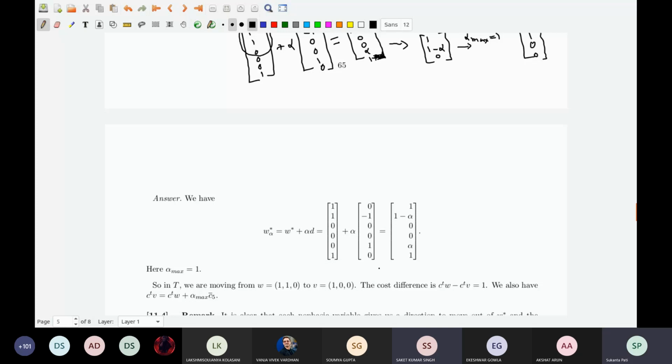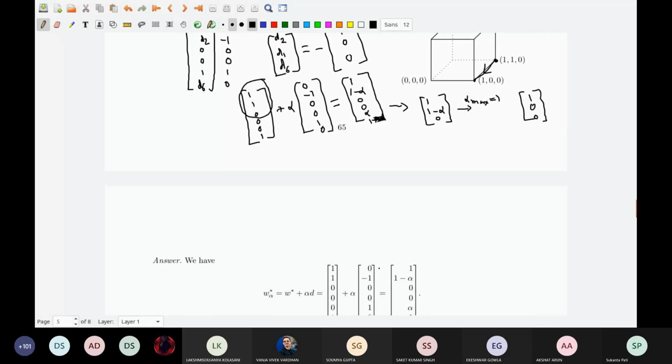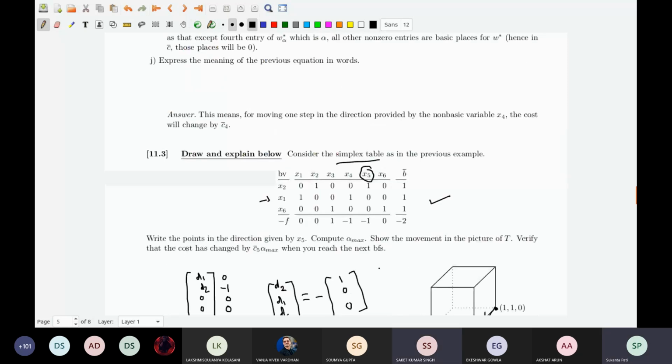If you are at a point where C bar has some negative entries, I was at this vertex 1, 1, 0, 0, 0, 1. That was w star. But this C bar was having a negative entry, no?